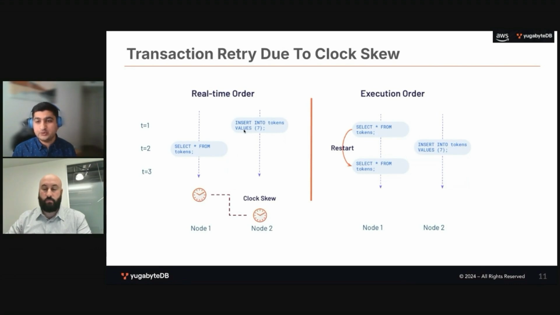Now, if these two are updating the same value here, and both of those statements fall in the uncertainty window of 500 milliseconds, then YugabyteDB is essentially going to retry that select so that we can ensure consistency. That allows us to make sure that the insert statement is taken into consideration by the select.